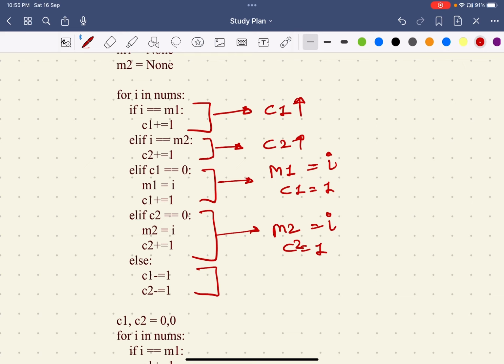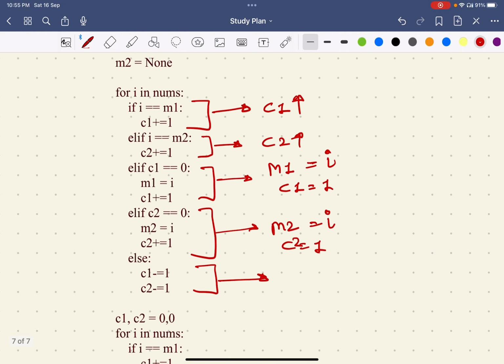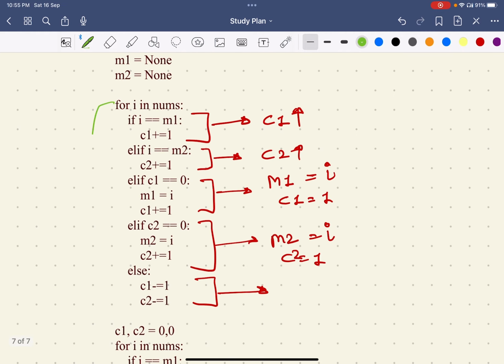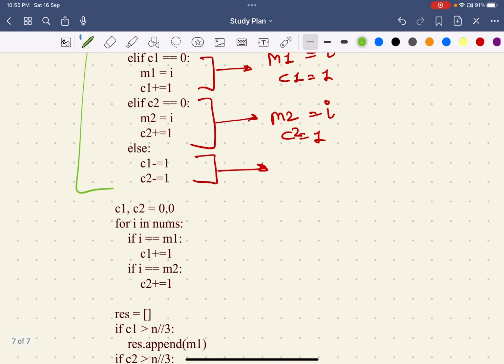Then I will decrease the counts which are already there. If I do not do this, I will never be able to figure out any new elements, right? And after solving all these steps, I will get my majority element 1 and majority element 2 here.